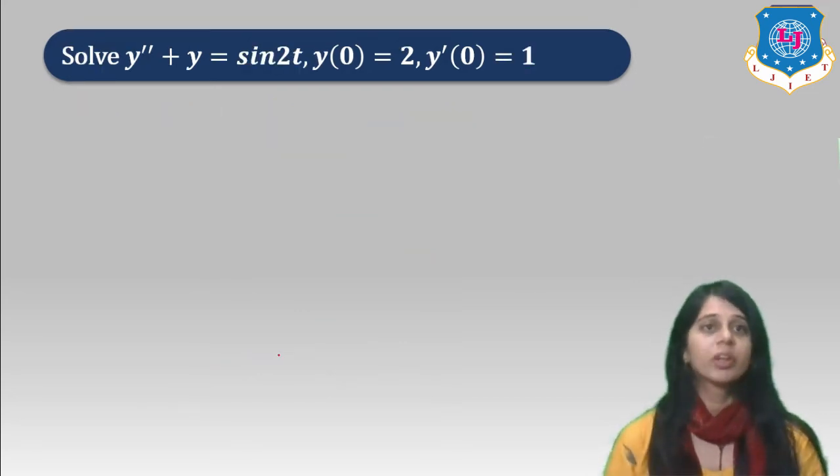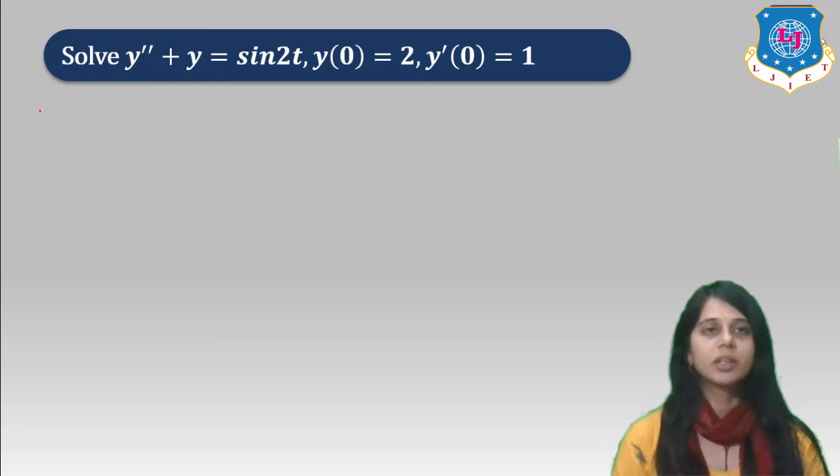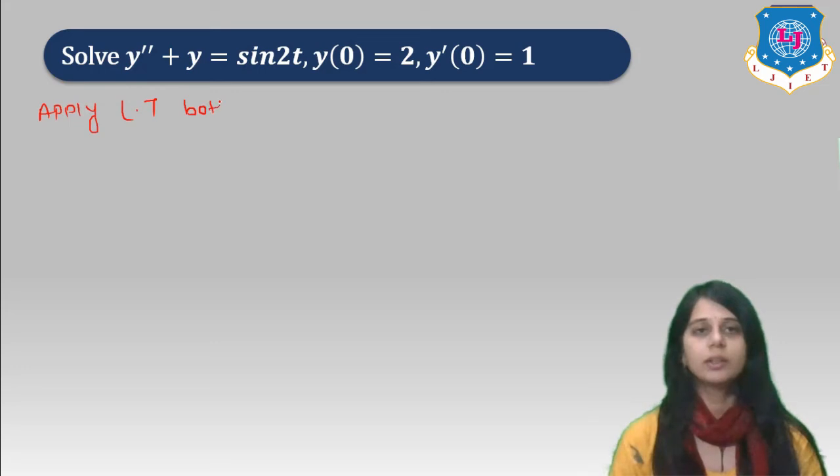Next example, y double dash plus y equal to sin 2t, y of 0 equal to 2 and y dash 0 equal to 1. Okay. Similarly, apply Laplace transform both sides.